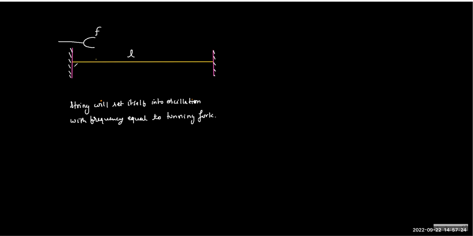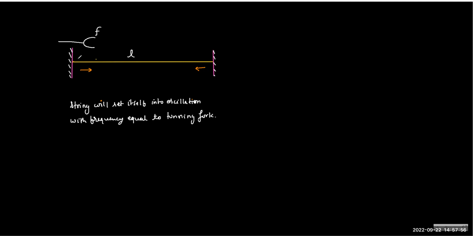What we understand is that we are getting some energy, and the energy will propagate through the string. The wall will help in reflecting it. When the incoming and the reflected waves meet each other, a sustained oscillation will happen eventually, and that sustained oscillation we call a standing wave or stationary wave.